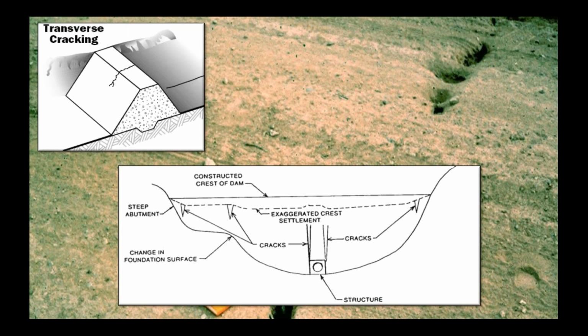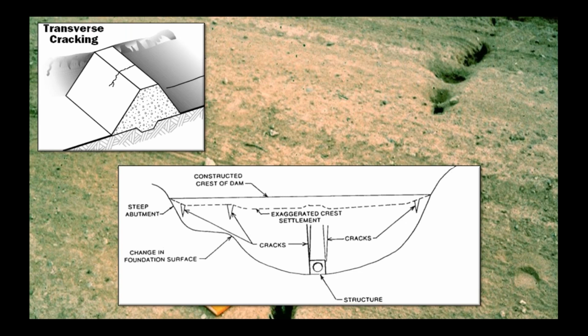So that creates stresses immediately above the conduit, and that can cause these transverse cracks. And these cracks may not show up on the crest of the dam. They may not even be visible. But that's one of the primary reasons why we have so many failures of embankments, is that they don't have a defensive measure for this.